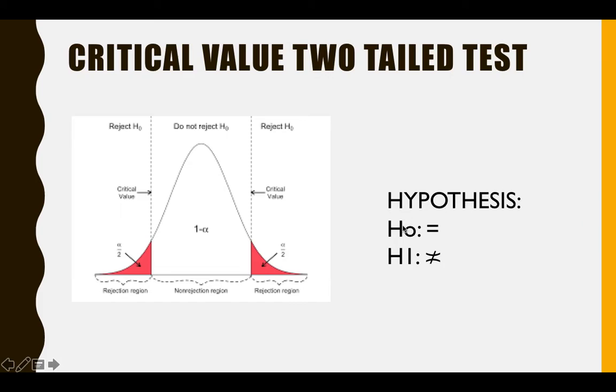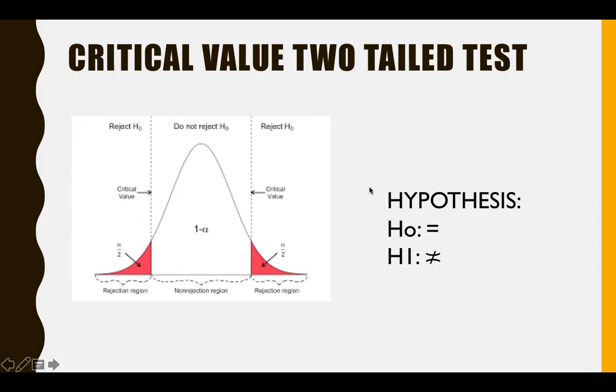If you have a null hypothesis with a sign of equal and an alternate hypothesis with a sign of not equal, meaning that you should apply a two-tailed test.